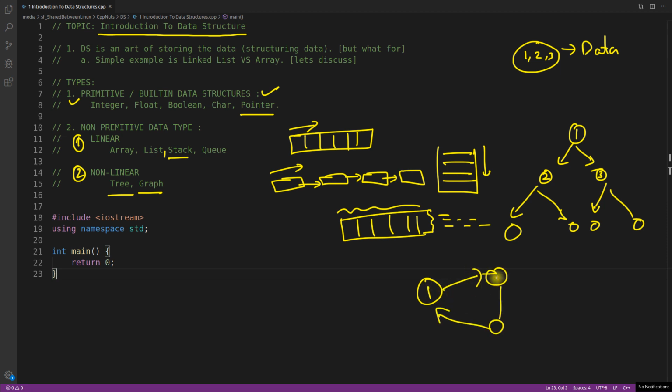This is a very simple form of graph. And do you know the difference between tree and graph? The difference is a tree does not have a cycle. What I mean is, if you go from 2 to, let's suppose, 4, you cannot go back to 2 in a tree, but in a graph you actually can. So there is no cycle in a tree. This is your tree and this is your graph.